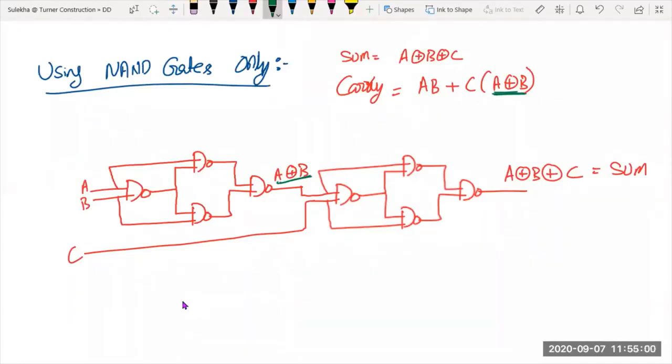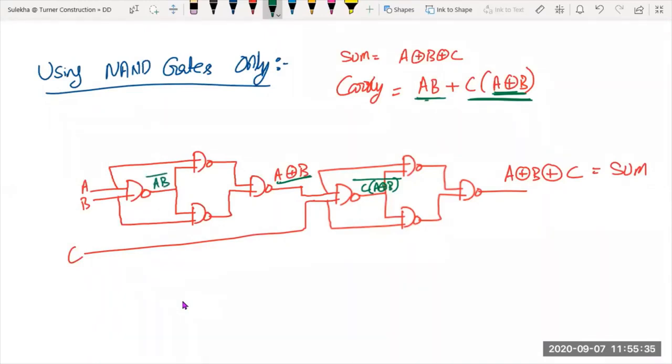Now, if I go further at this point, what I'm getting is C A XOR B whole bar. Okay, so indirectly you can realize from this that you are getting the complement of this one, C A XOR B. Okay, and you want this thing also, AB.